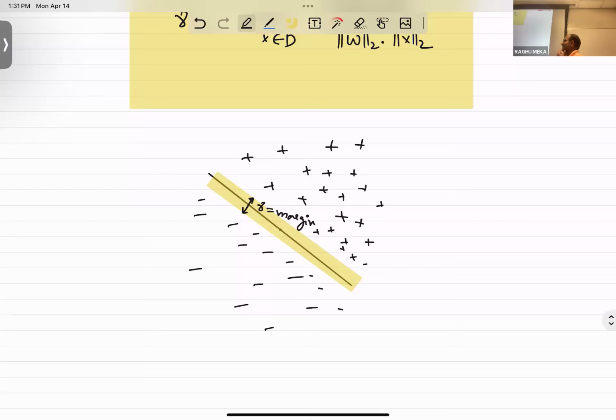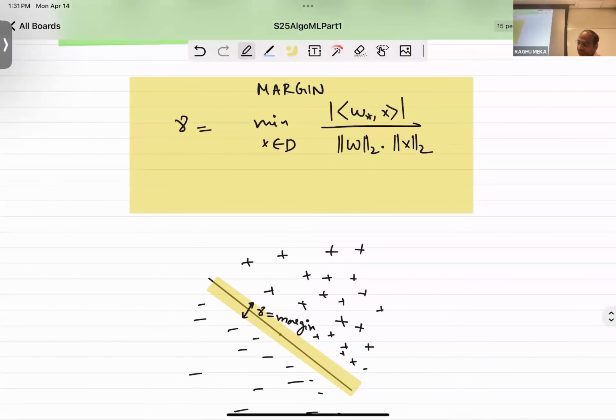All right. So this is what it looks like. The positives and negatives are separated by this gap. And this notion, this definition, is scale invariant, and even the class is scale invariant.